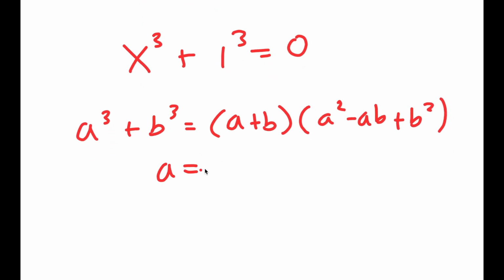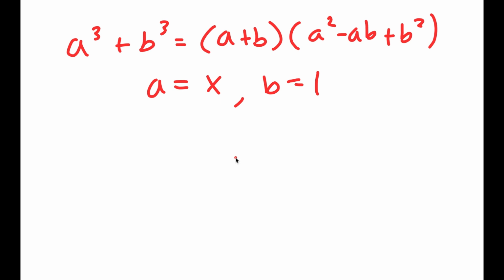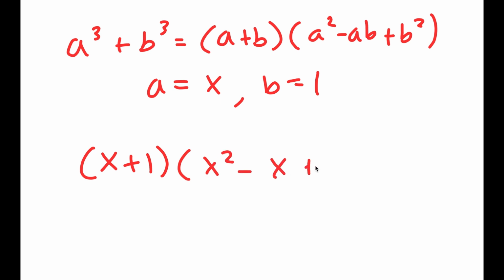So in this case, a is x and b is 1. So now I get x plus 1 times x squared minus 1 times x, which is x, plus 1 squared, which is 1, is equal to 0.